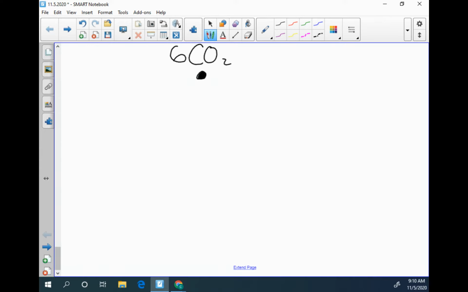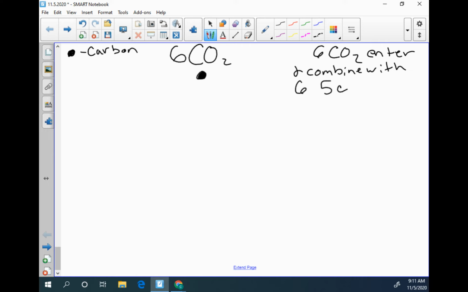These little black dots are going to represent carbon. That's a carbon molecule. So 6 CO2s enter and combine with 6 5 carbon sugars to make 12 3 carbon sugars.